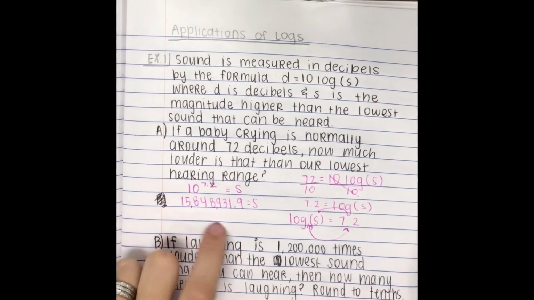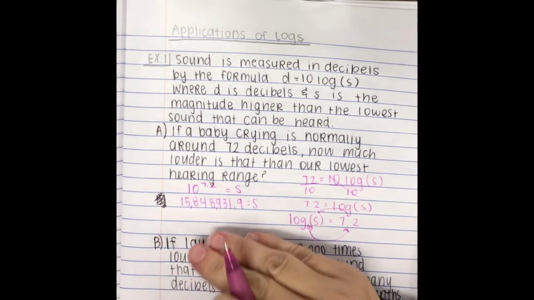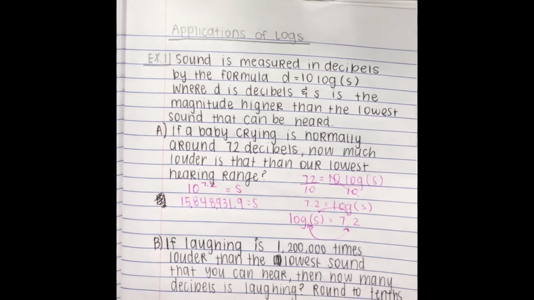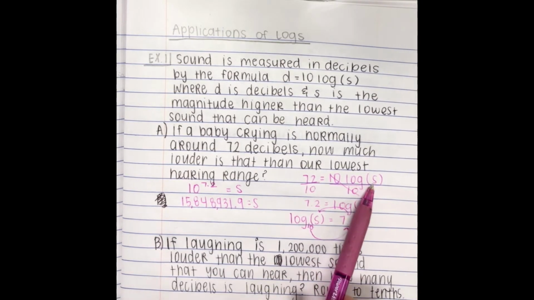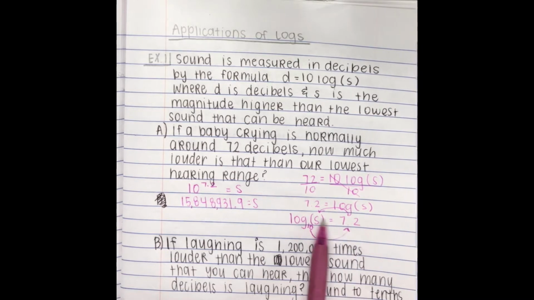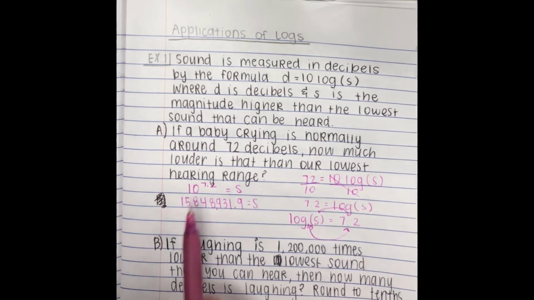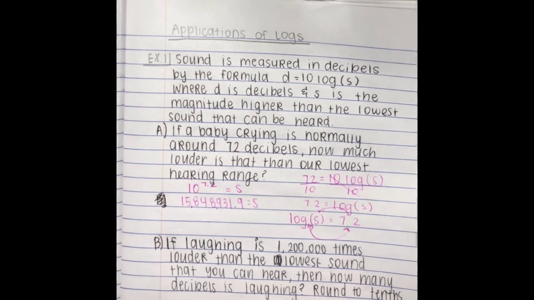This is how much louder it is than the smallest sound you can actually hear. So once again, all we did was isolate our logarithm, get log by itself, switch it so we could see it like we're used to seeing it, and then we did our spiral method and plugged that in the calculator to get S.